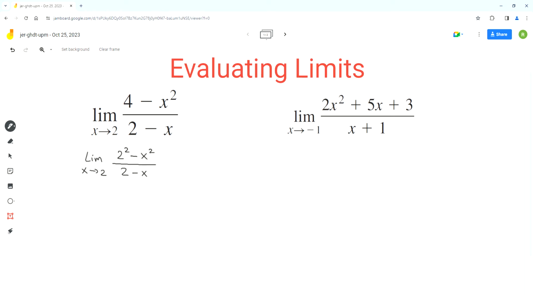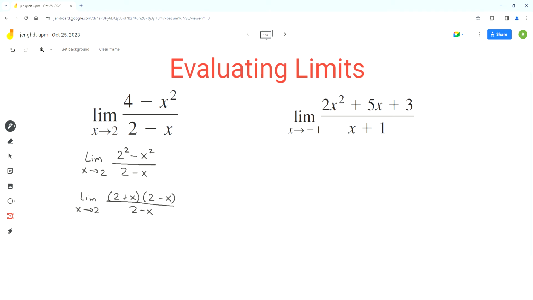Now we can break down the numerator using the difference of squares formula. So we get (2 plus x) times (2 minus x) over 2 minus x.